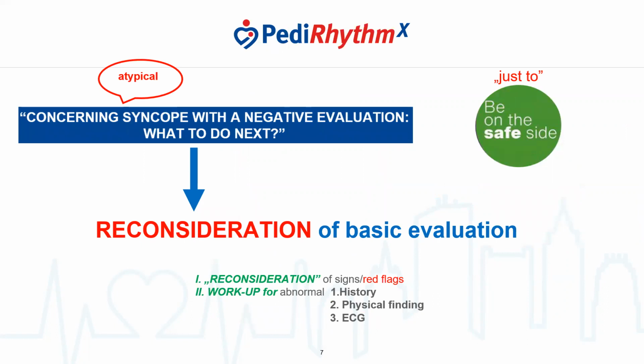So if the question in the title is related to atypical syncope, then the next thing to do is reconsideration of basic evaluation, reconsideration of red flags, and workup for abnormal history, physical finding, or ECG.